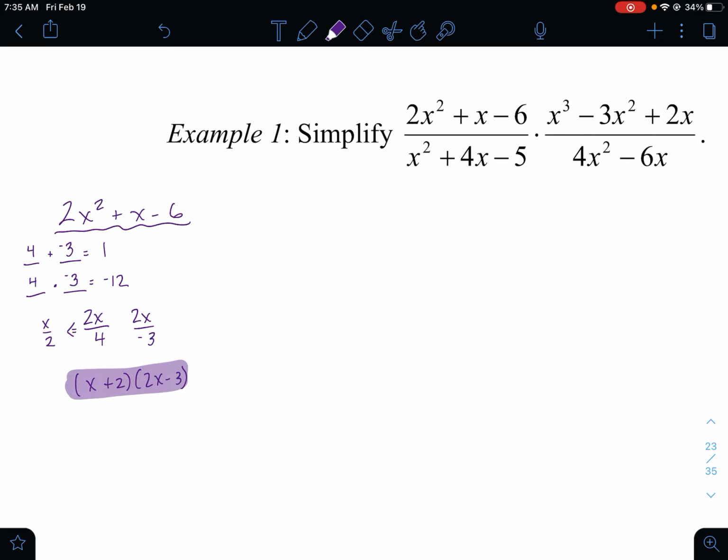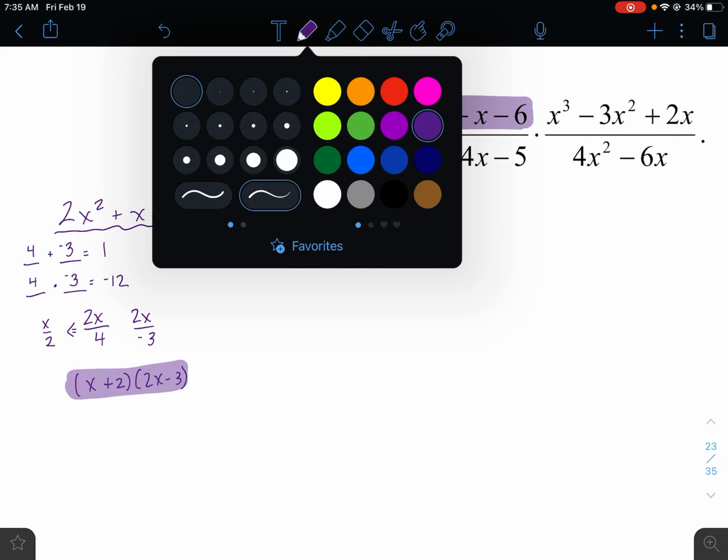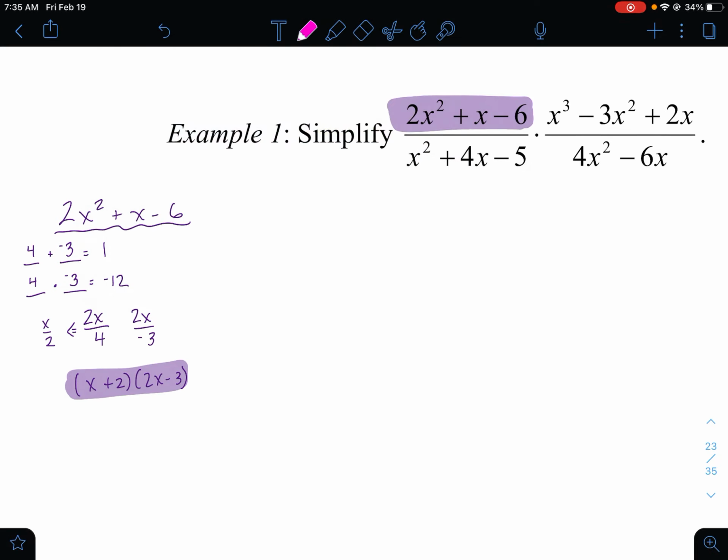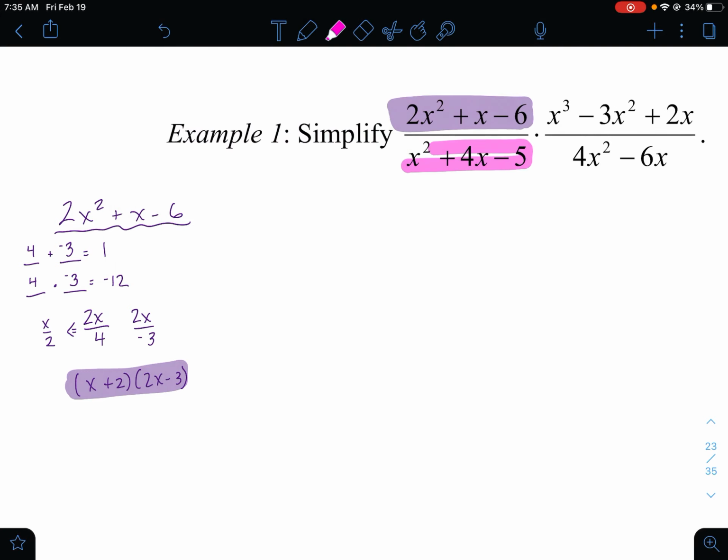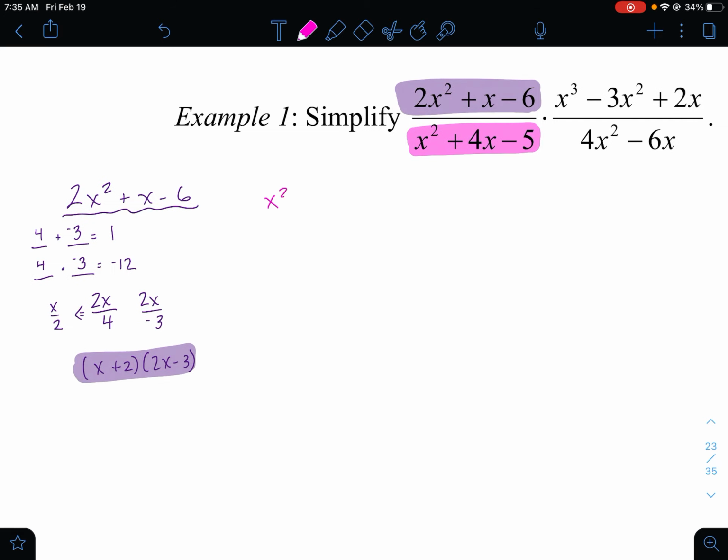One done, three to go. I'll highlight it in that color so we know that one's purple. Next one, we'll do the denominator in this pink. The next one is x squared plus 4x minus 5.